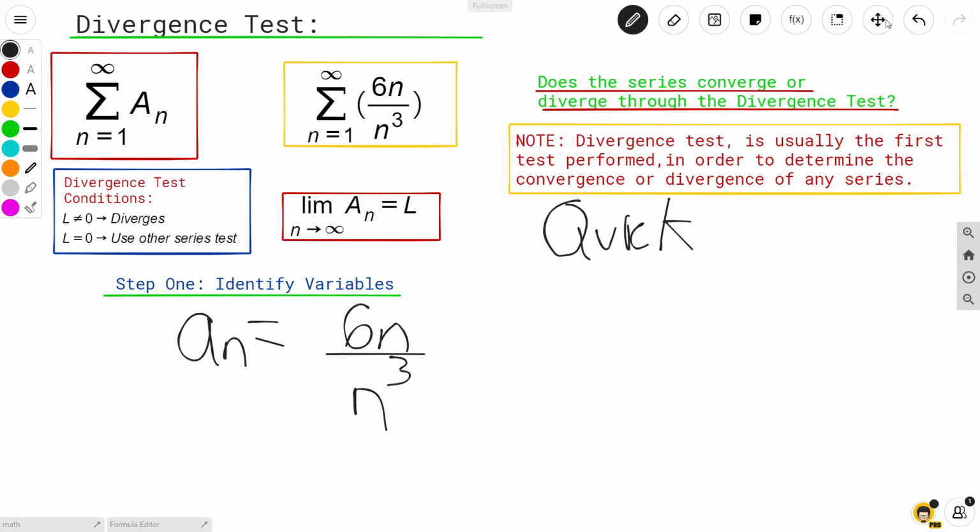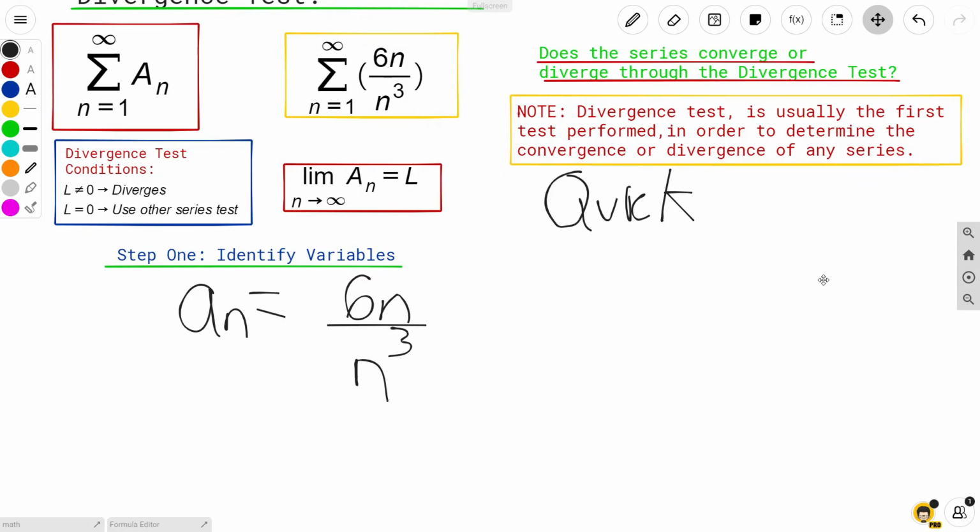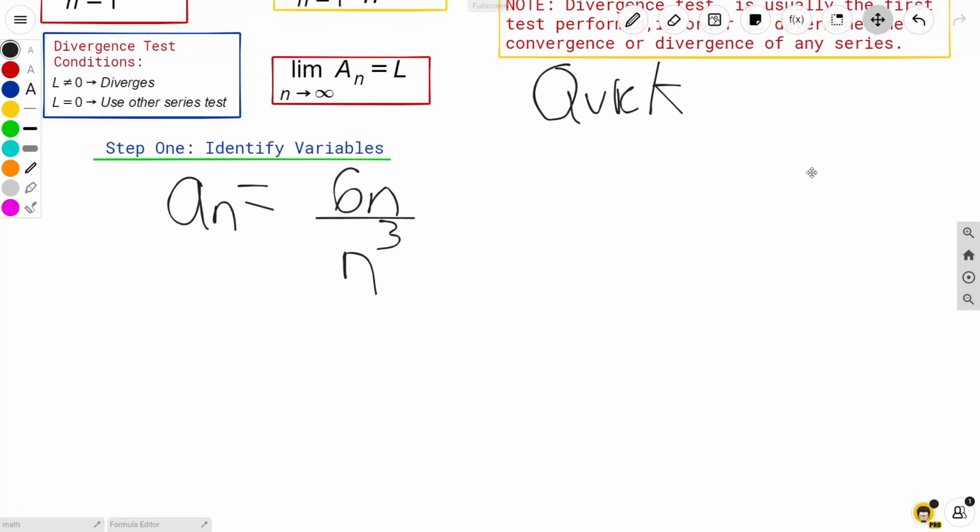Now that we have that, step 2 is we're going to take the limit of a sub n.